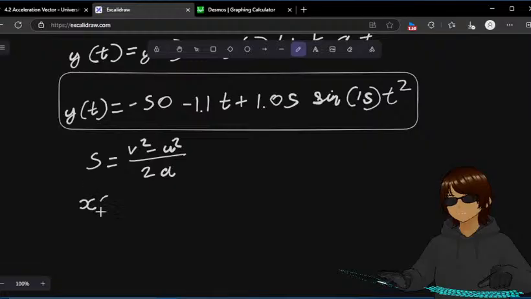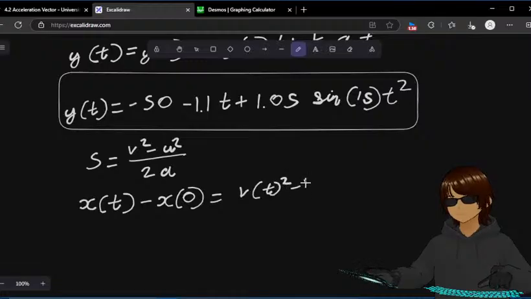So x(t) minus x0 is equal to vt squared minus v0 squared over 2ax.